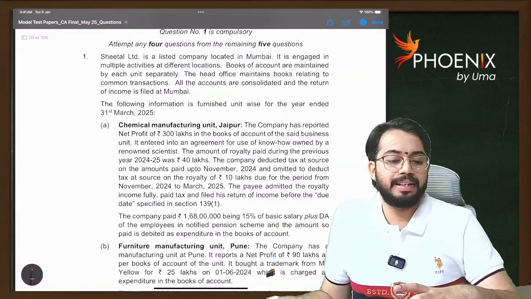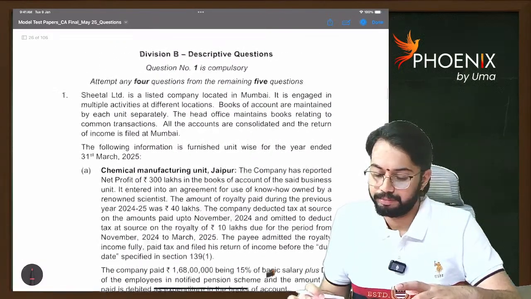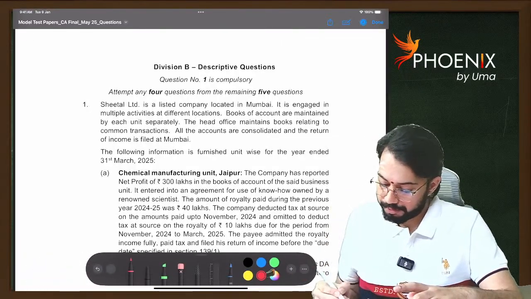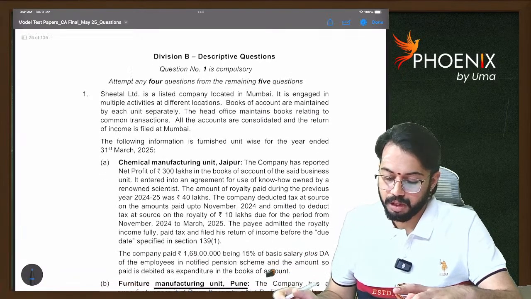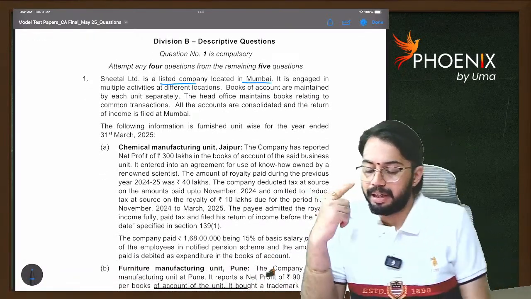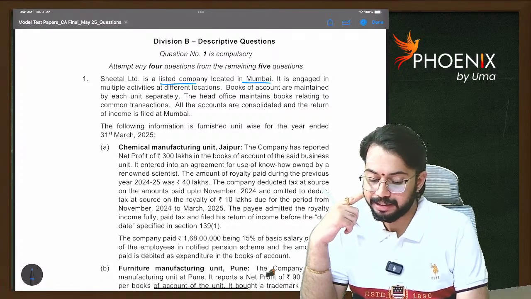So now we will discuss descriptive questions. Sheetal Limited is a listed company located in Mumbai. It is engaged in multiple activities at different locations.